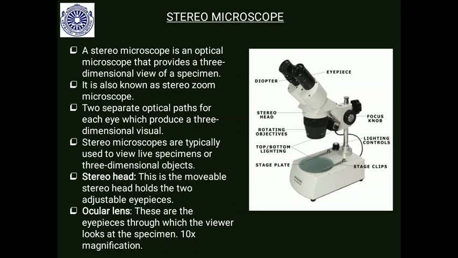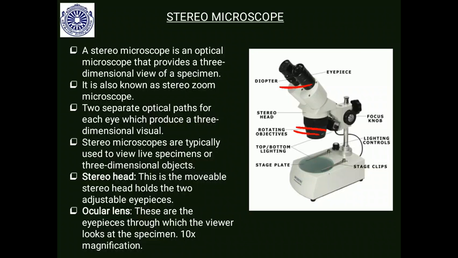That's the advantage. This is also called stereozoom. It has two optical paths. There will be two lenses, this is the objective and these are the eyepieces. They are of different focal length, so that you get a 3D image. This is the stereo zoom.